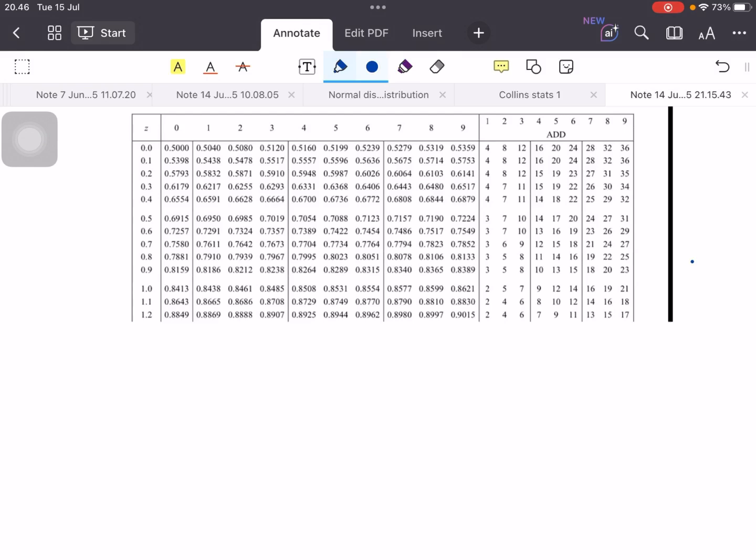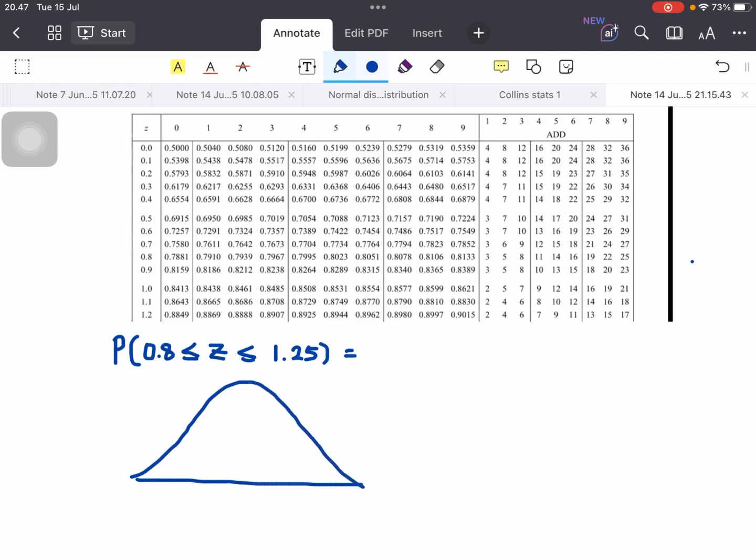Now we continue to the next question. Suppose that you are asked to find probability 0.8 is less than or equal to z is less than or equal to 1.25. So again, as in the previous question, we are going to draw the diagram. This is the diagram of the normal distribution. Right in the middle of the curve, it is 0.